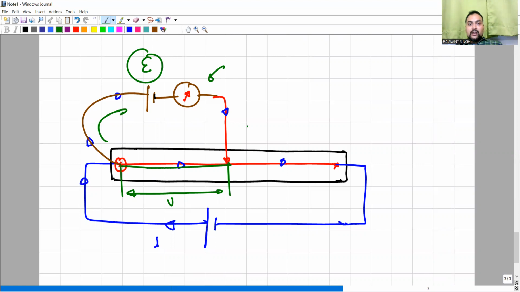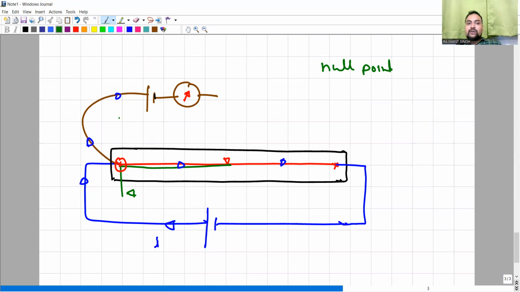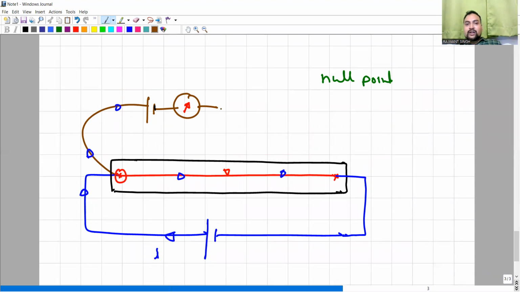Now what you have to do is find something called a null point. What is a null point? By the name also you can figure out. The null point is a point where the ammeter reading becomes zero. You take your jockey and find a point where the ammeter shows no deflection.